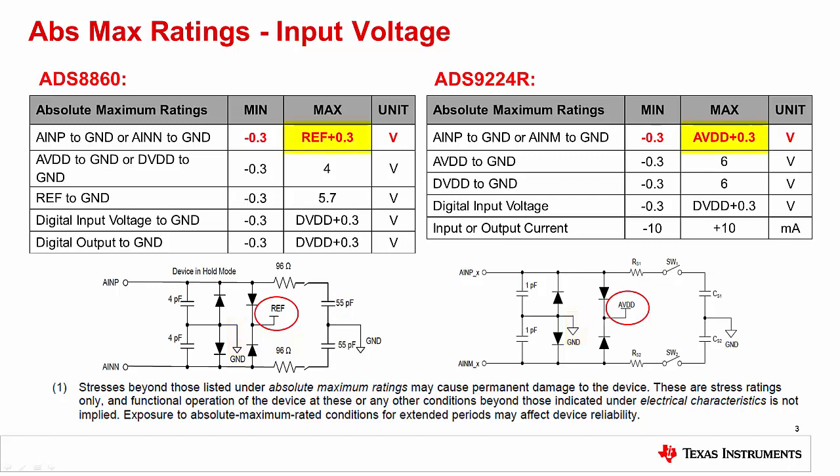The absolute maximum ratings are typically 0.3 volts above the positive supply or reference and 0.3 volts below ground because the ESD diodes will remain off as long as the forward voltage doesn't exceed 0.3 volts. This 0.3 volts varies over process and temperature. For some devices, the absolute maximum will use a slightly different factor such as 0.4 volts.